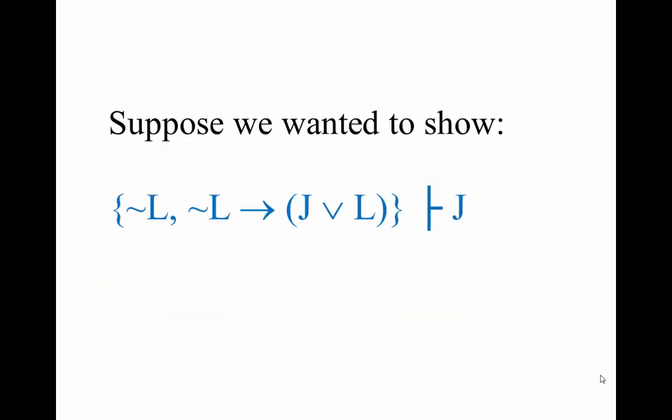Now, suppose we wanted to show something more complicated. Suppose we've got this argument, not L, not L implies J or L, therefore J. We can actually use our ideas about substitution instances to show this, even though it is not a substitution instance in itself of one of our arguments.